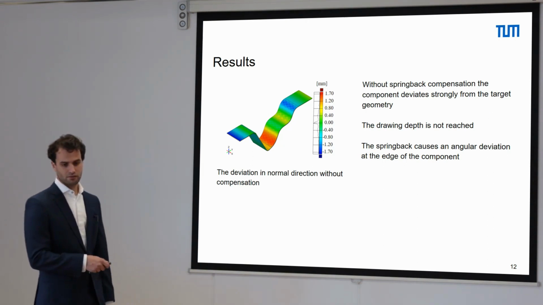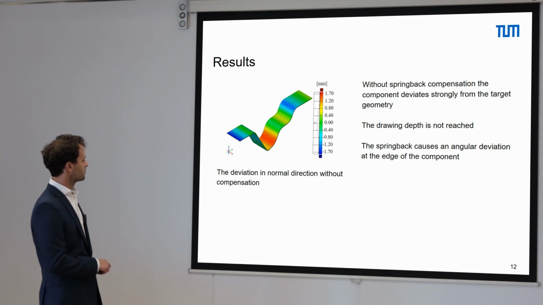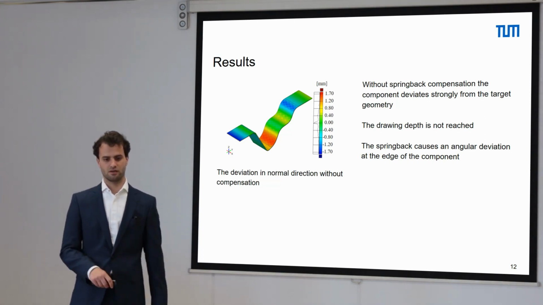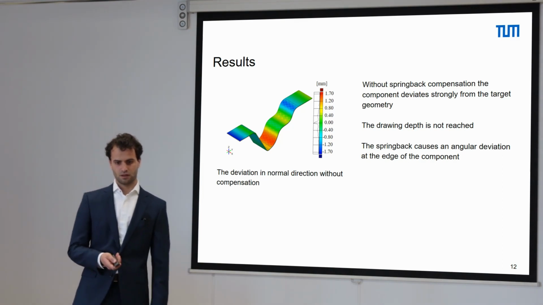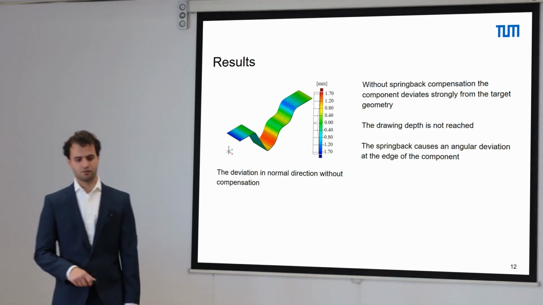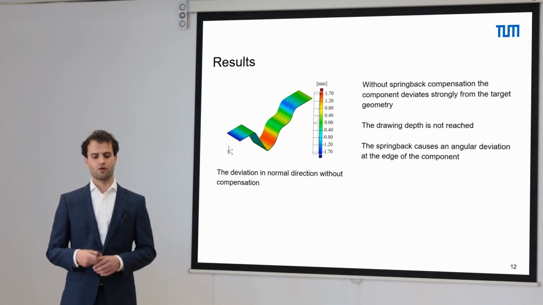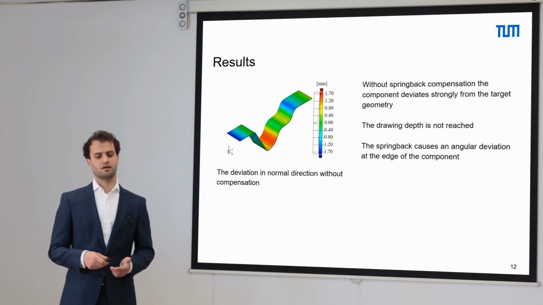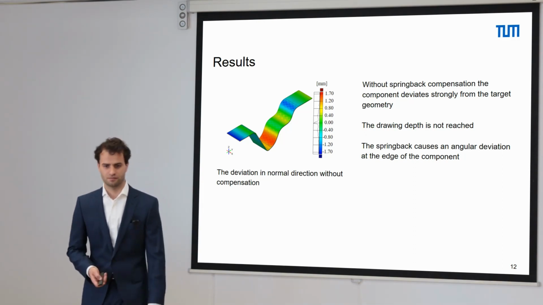As well, we have angular deviation here at the edges of the component, which results from the springback in the radii. And this initial problem was used to compare the control point compensation with two different alphas, and to compare it with the compensation method implemented in AutoForm.